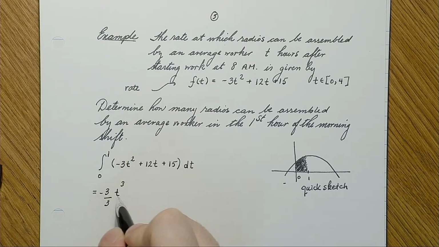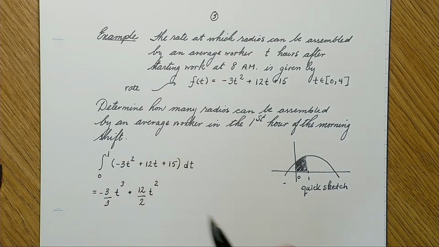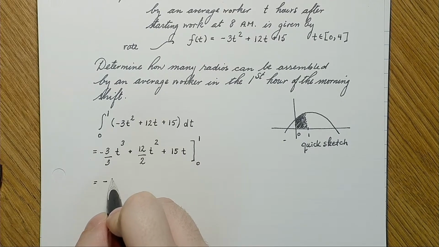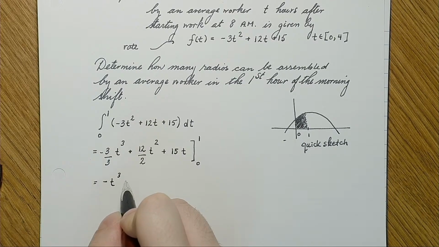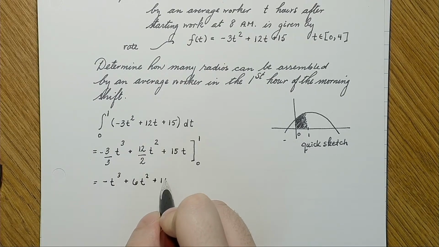So I get minus 3 over 3 t cubed, plus the t goes up to t squared, divided by 2, plus 15t, from 0 to 1. I'm going to simplify that. It's a little nicer: minus t cubed plus 6t squared plus 15t.